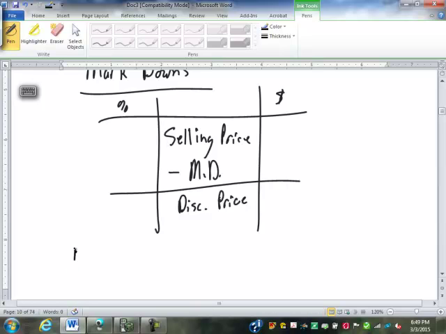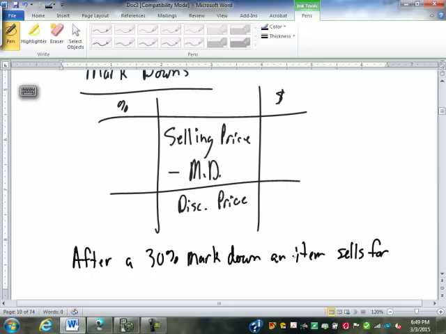Let's say that after a 30% markdown, an item sells for $42. Find the original price.